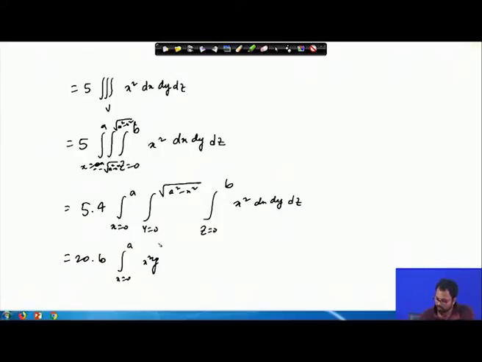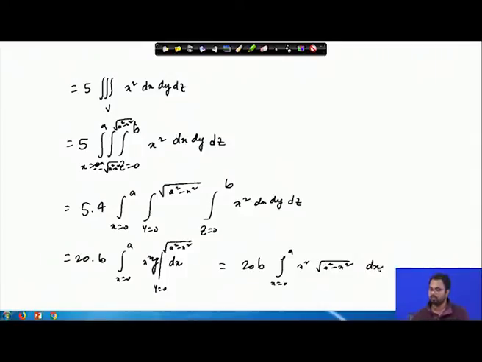So this will be x square y times dx, and then y is varying from 0 to square root of a square minus x square, right, and then this will be 20 b times the integral with x running from 0 to a of x square times square root of a square minus x square, and then the second limit is 0, times dx.